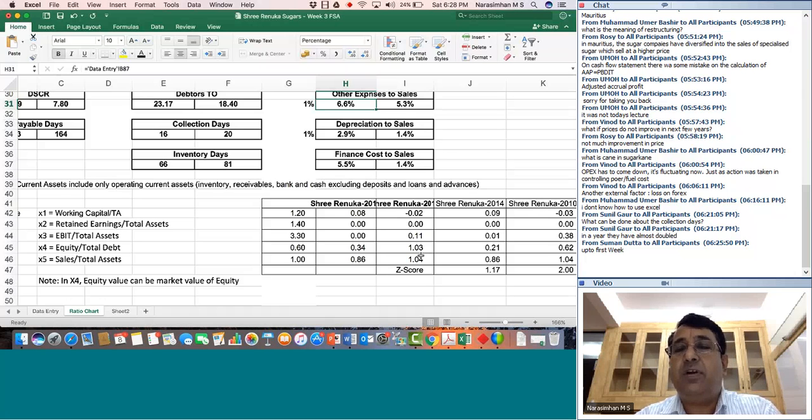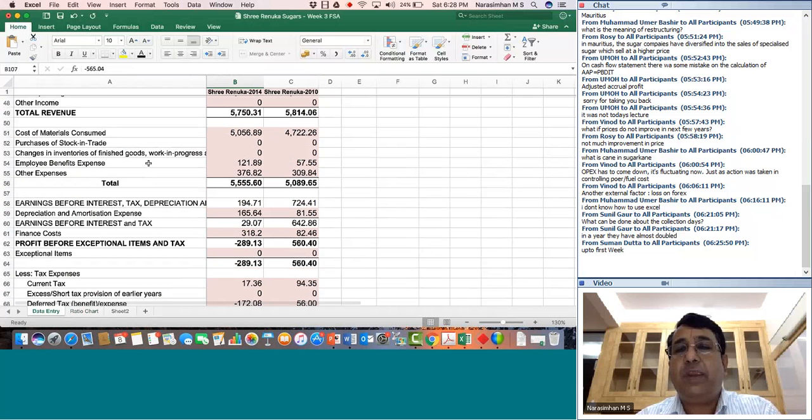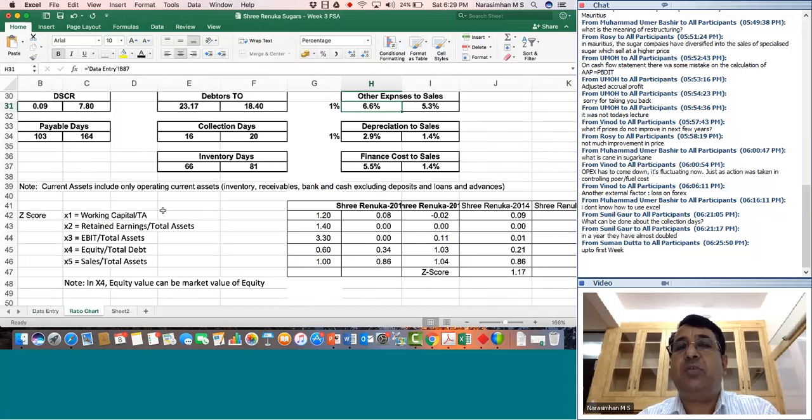Now, to perfect this part of the 3 weeks' learning, I strongly recommend you pick up at least 1 or 2 companies' financial reports. Put that in this data entry. Write down all these things, and get this viewpoint chart. Write at least some 10 lines of your observation about this company. How good is this company doing on asset turnover ratio or asset management?